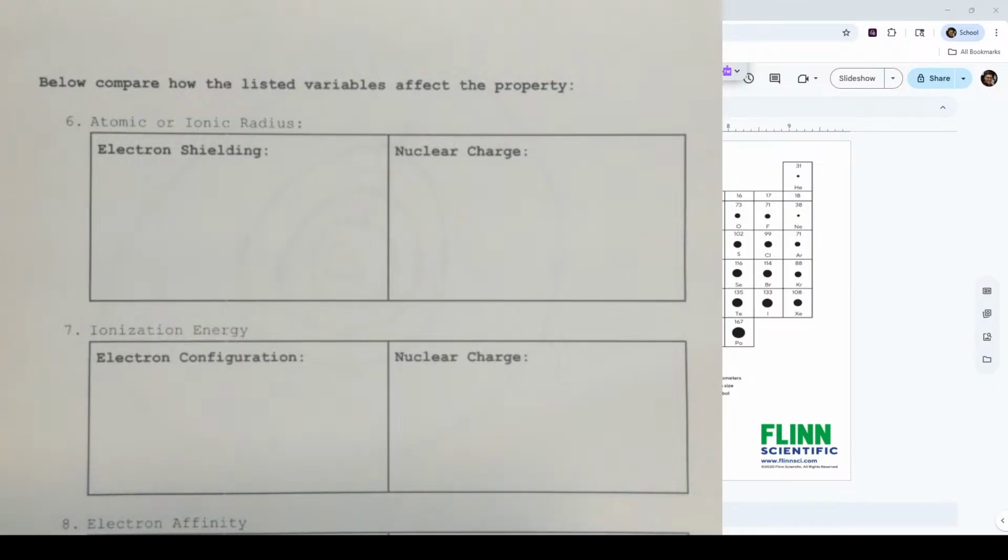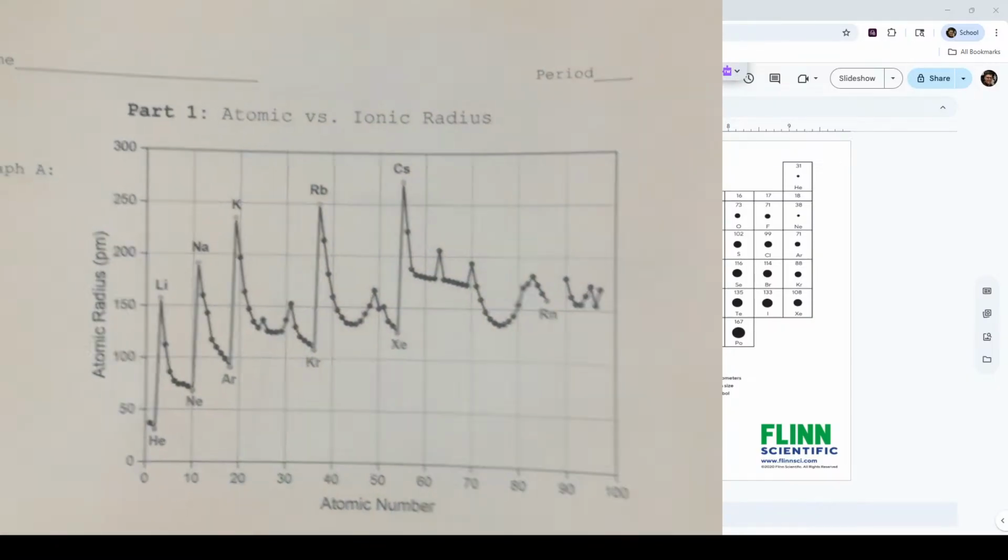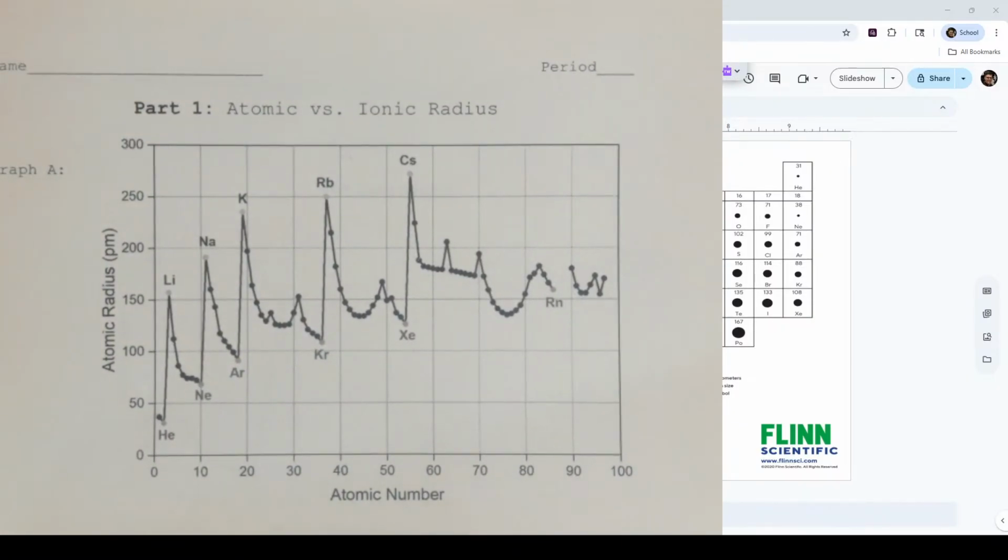But I do have a graph of atomic radius and a graph of ionic radius. And I know I got some emails saying this was confusing some people. I'm going to tell you a secret in chemistry. We are not going to give you very difficult graphs.